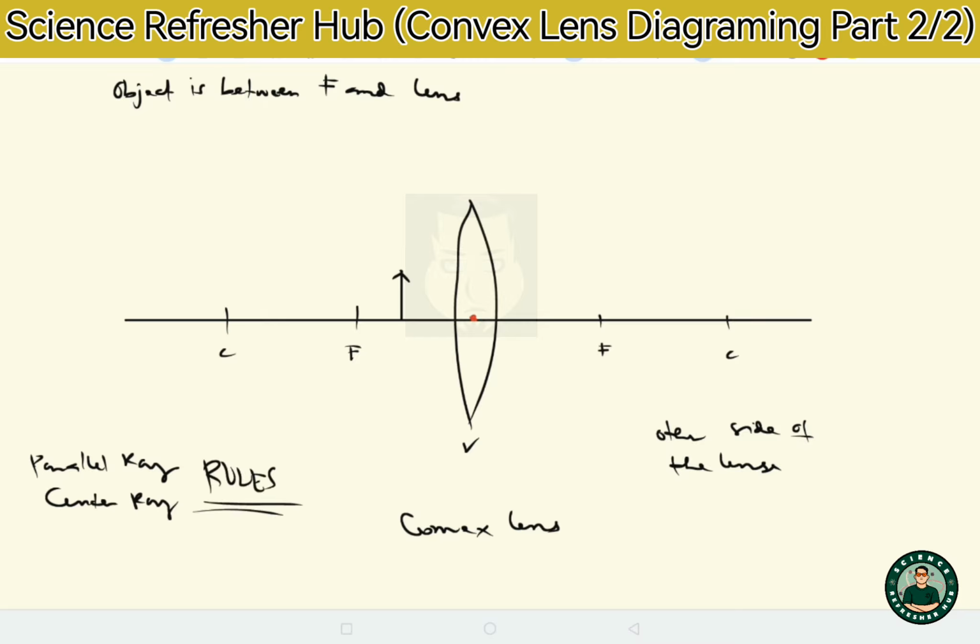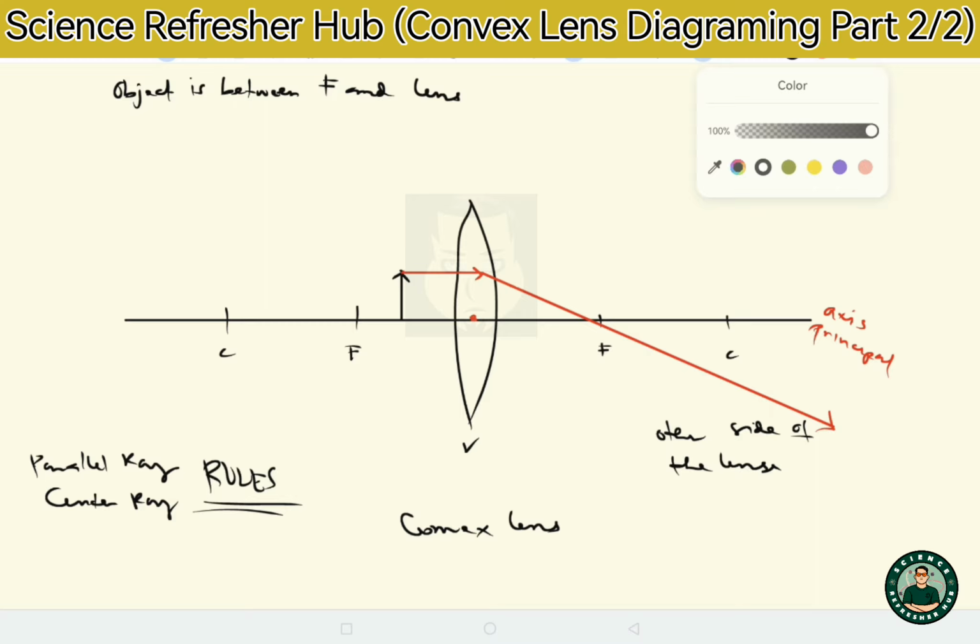Okay, now let's have the parallel ray first. The ray should be parallel with our principal axis, and then it will refract once it enters the lens. Okay, remember this is our principal axis. And next, it will go directly through our focus.